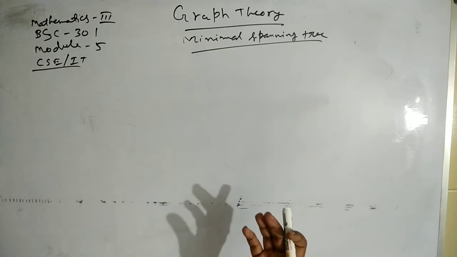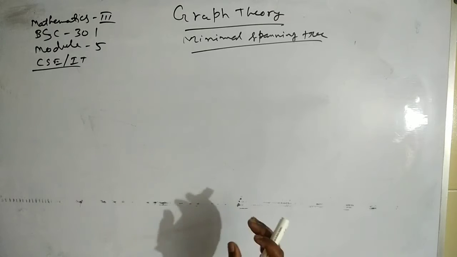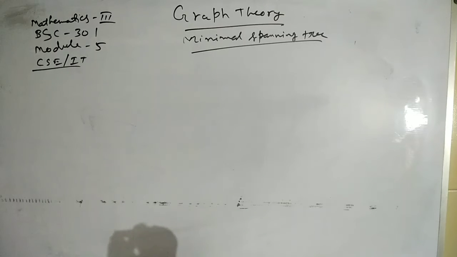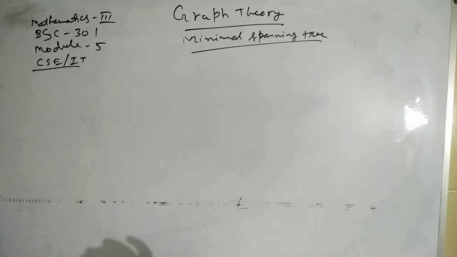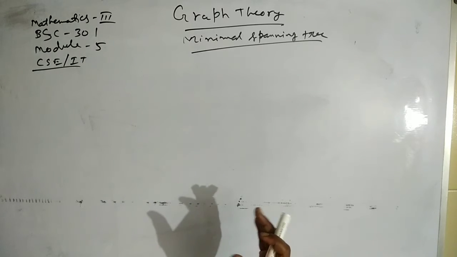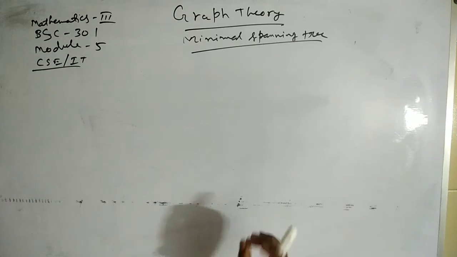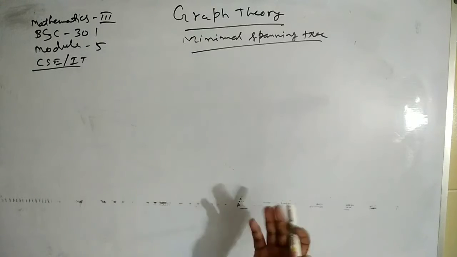Minimal spanning tree means the spanning tree whose weight will be the minimum. Okay, so from a given weighted graph, you have to find all the spanning trees, and the one whose weight is minimum is called the minimal spanning tree.